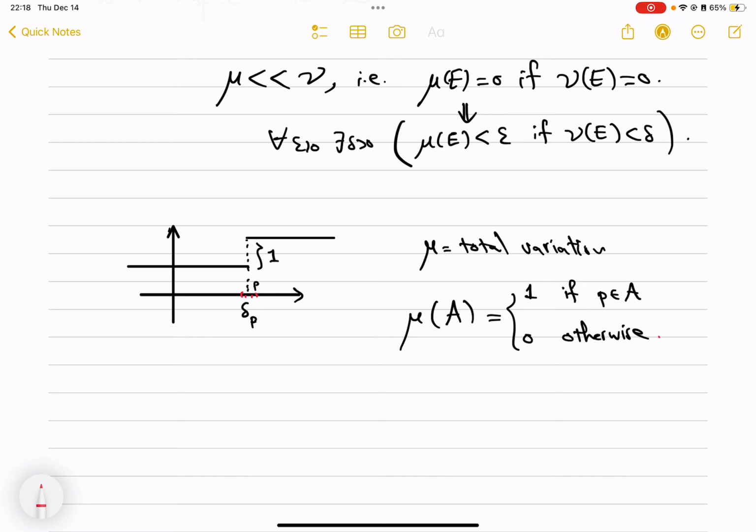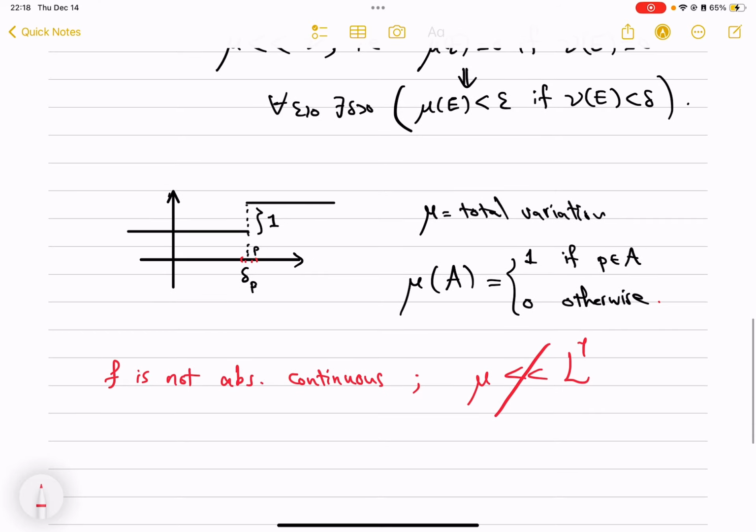And in this case, we see that f is not absolutely continuous, but also we see that this measure is not absolutely continuous with respect to L1 measure, because L1 of this set, a point, is 0, but mu of that 1 point is 1, which is not equal to 0.